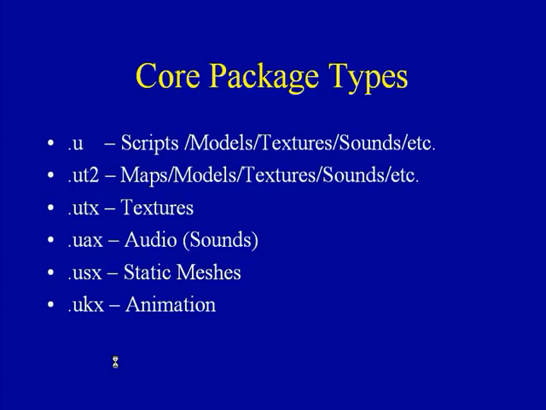Now, some types of files, like your texture libraries or packages, you just have a folder set up to contain only textures simply because there's enough of them to need that type of organization. So what he's getting at is, these extensions do mean something, but only in a very roundabout sense. In other words, we could put just about everything inside a .u file if we wanted to.